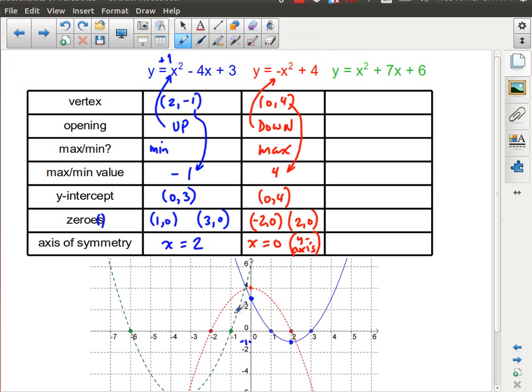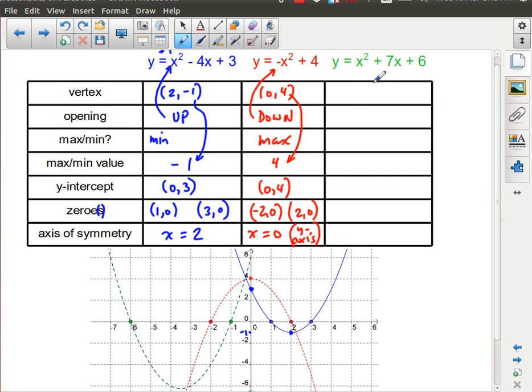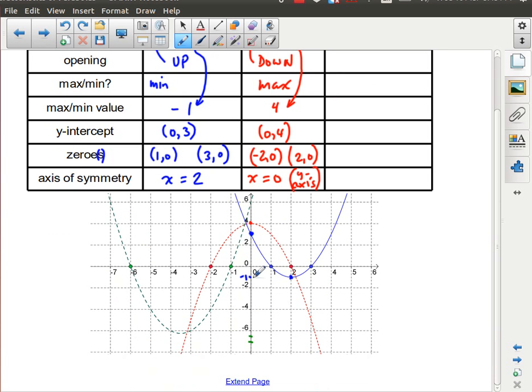And then finally, our green parabola. I might have to shift things a little bit here to be able to see it. The vertex of this green parabola, actually that's very inconvenient. I think horizontally, it's at -3.5, and vertically, it looks like it's down here at -6.25.